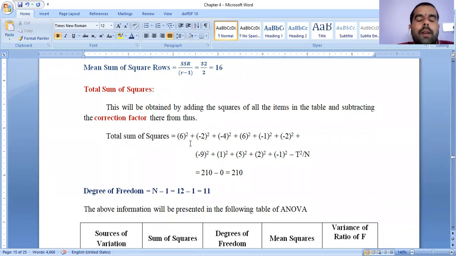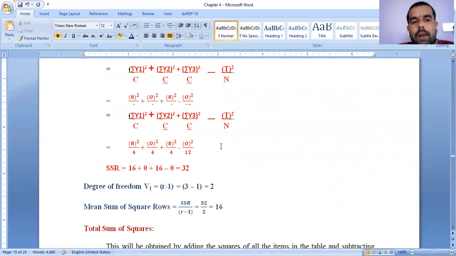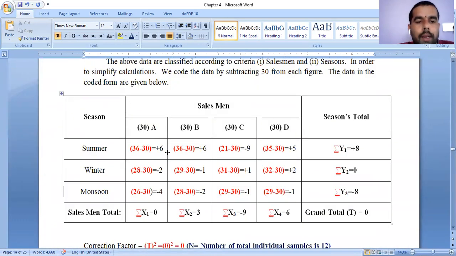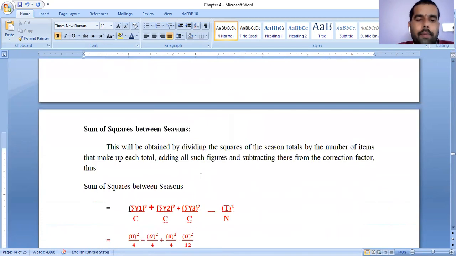After applying the coding method, doing subtraction of the code value 30 from all the individual figures in the given question, you got 6, minus 2, minus 4, plus 6, minus 1, minus 2, and so on. These values are squared.